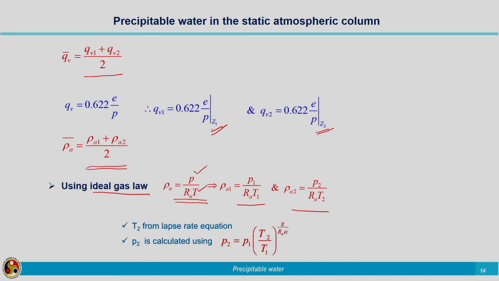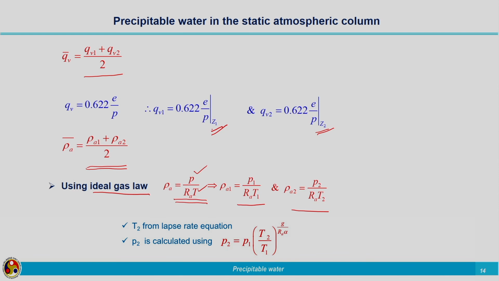T2 is the value of temperature from the Lapse rate equation, that is, the temperature at section 2 will be calculated by making use of the Lapse rate equation. P2 is obtained by using the equation derived earlier, because we have derived the equation for how pressure changes with respect to altitude.